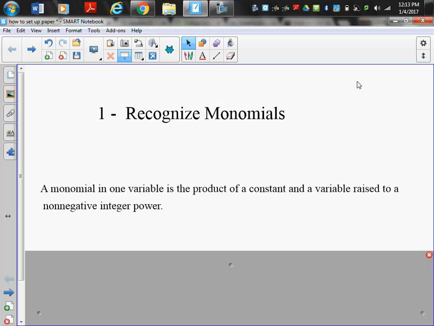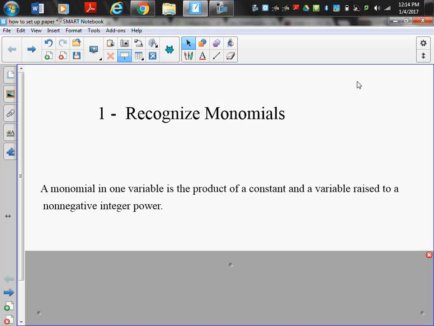There's no addition sign, no subtraction, no division. There is nothing but one set of numbers and variables. It's the product. Product means we're multiplying.